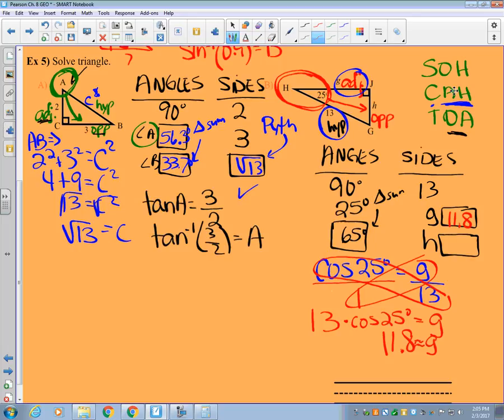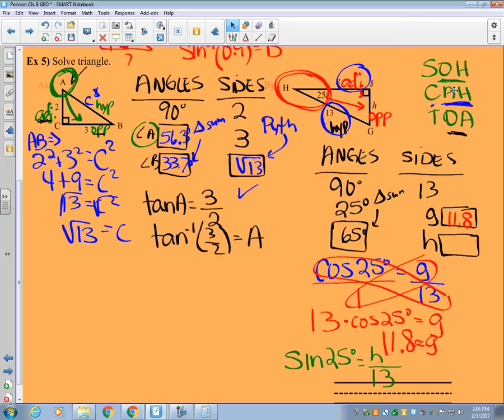And now let's solve for H. My reference angle is still the same, I'm still using 25 degrees, but now I'm going to use opposite and hypotenuse. Opposite and hypotenuse are sine. So the sine of 25 degrees is equal to H over 13. Same process as before, I'm going to put it over 1 and cross multiply.